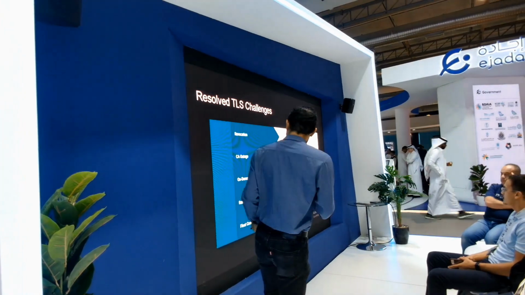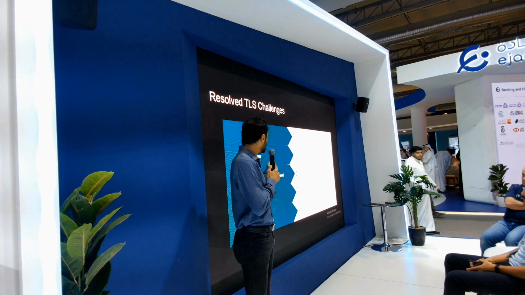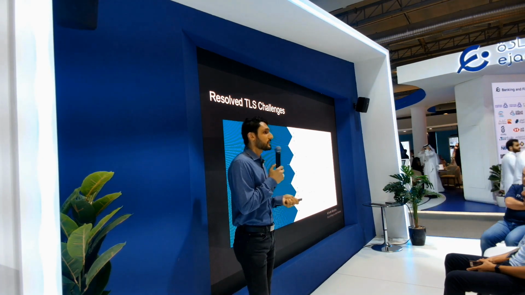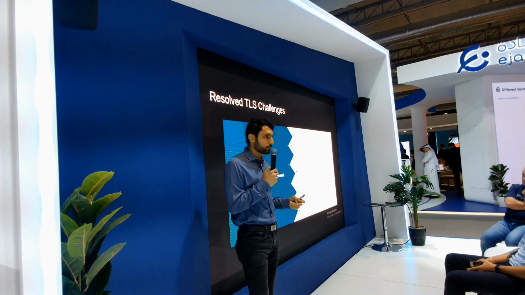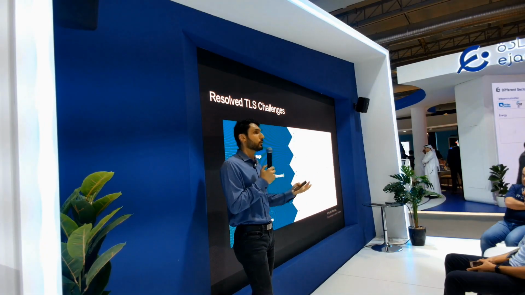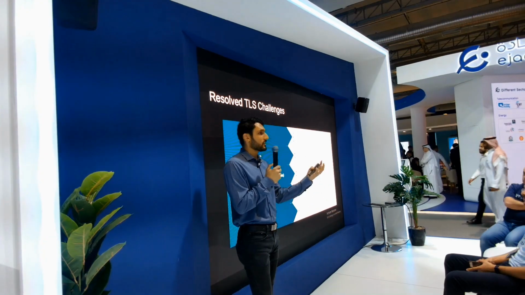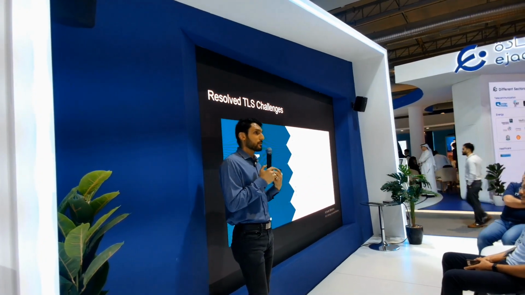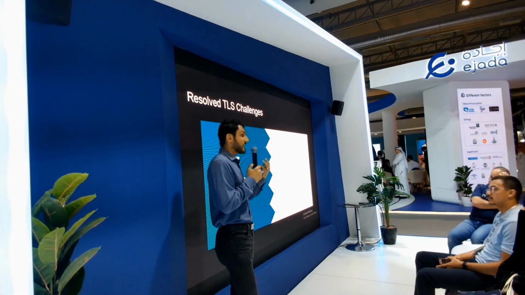Now, one of the most loved features of Caddy is the on-demand certificate, or on-demand TLS. Say you are a marketplace platform, and you want to offer your customers the ability to host their e-commerce store on your servers, but they want to use their own domains, and you didn't know those domain names in advance.